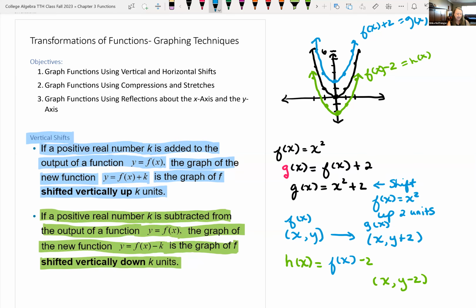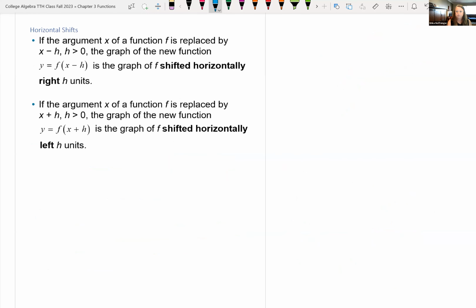So now let's look at another transformation, which is our horizontal shift. This is where we add or subtract a number inside of the function, and that is going to shift our graph horizontally.